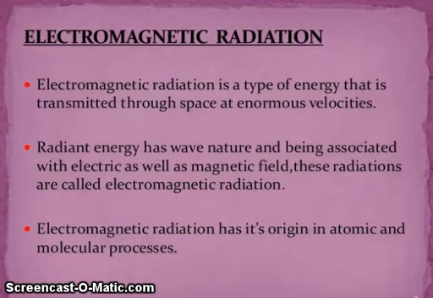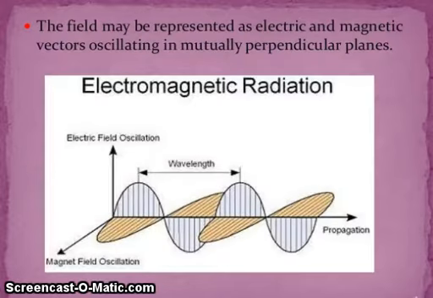These radiations are called electromagnetic radiations. Electromagnetic radiation has its origin in atomic and molecular processes. Friends, the field may be represented as electric and magnetic vectors oscillating in mutually perpendicular planes.